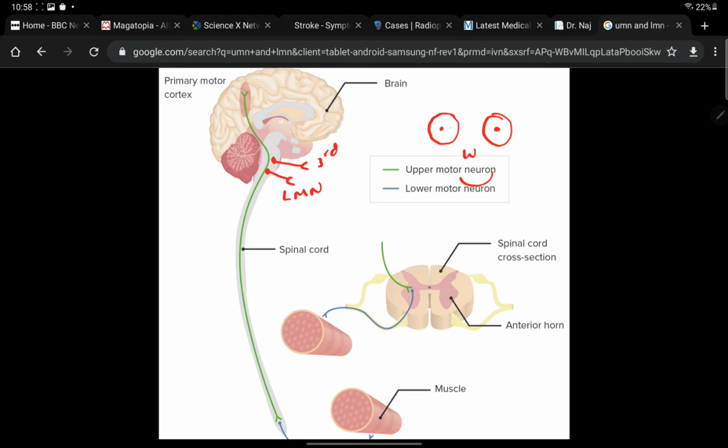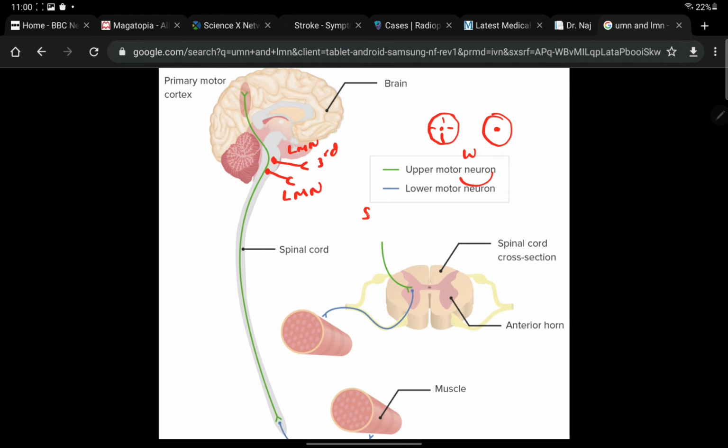For the movement of the eyeball, you have the superior rectus, inferior rectus, medial rectus, lateral rectus muscle, and superior oblique, inferior oblique muscle also. So here, if the motor nucleus for the third cranial nerve is involved, the lower motor neuron will go and innervate the muscles involved in the movement.